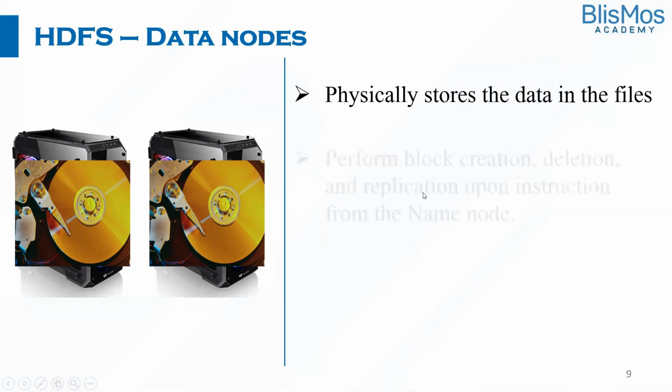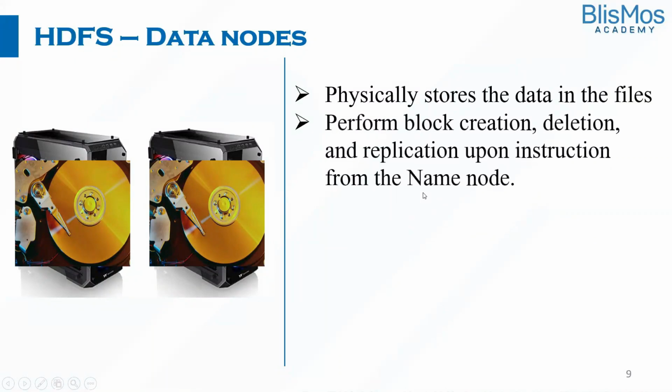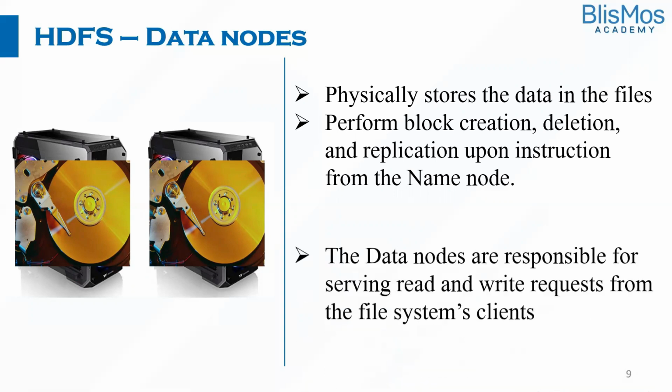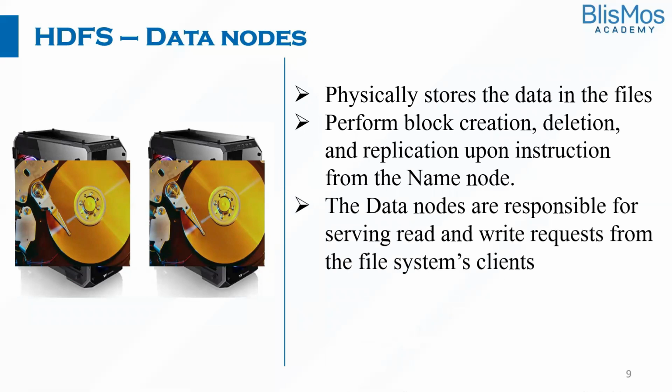Apart from that, data node performs block creation, deletion and replication of the blocks, depending upon the replication factor you have defined, as per the instructions from the name node. It will not act on its own. It waits for the instructions from the name node. Whatever the name node instructs, it performs the block creation, deletion, or replication.